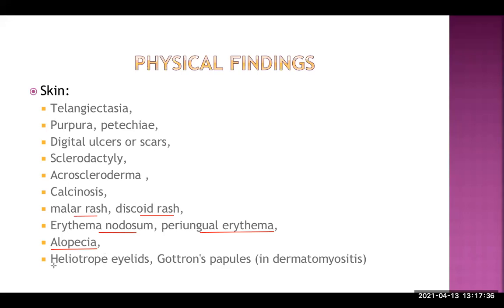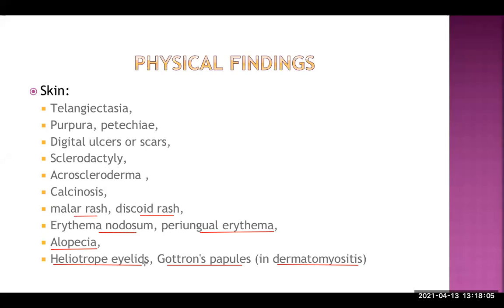Some of the very, very important points are heliotrope eyelid and Gottron's papule, which are the hallmarks of dermatomyositis. Heliotrope eyelids are red lesions present on the upper eyelid. I have collected a picture here, I'll show it. Gottron's papules are present on the fingers, especially over the small joints of the finger.